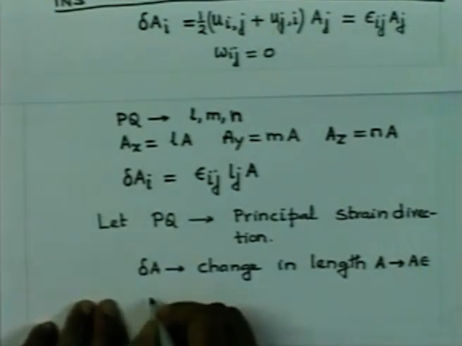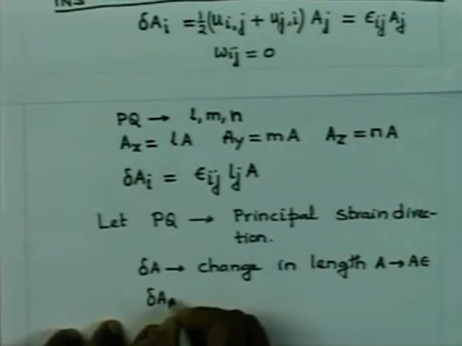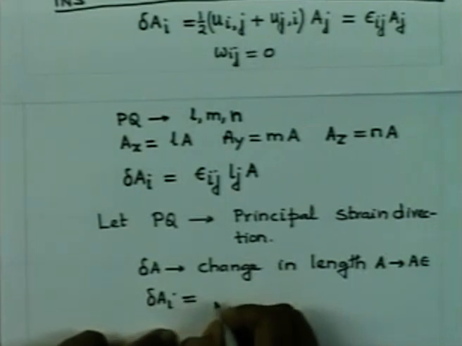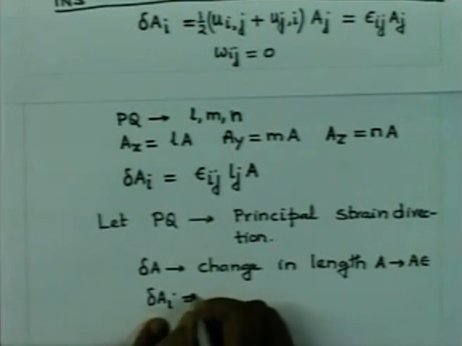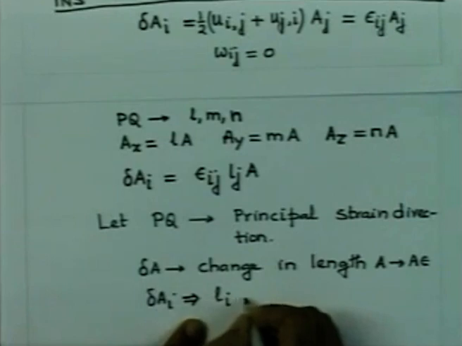So, we can now write delta A i to be L i into A into epsilon.